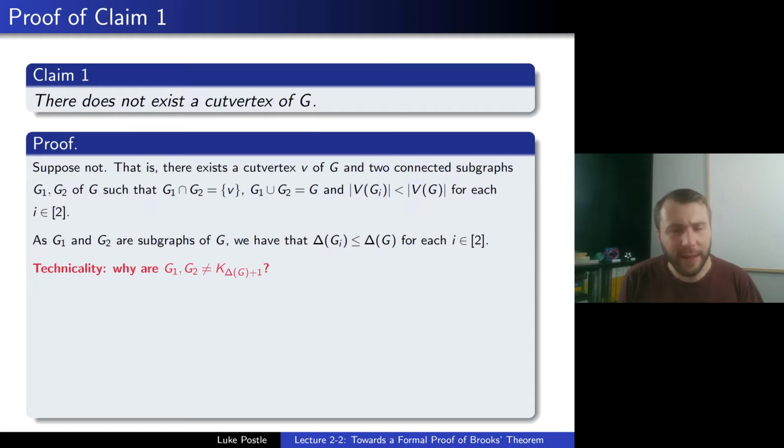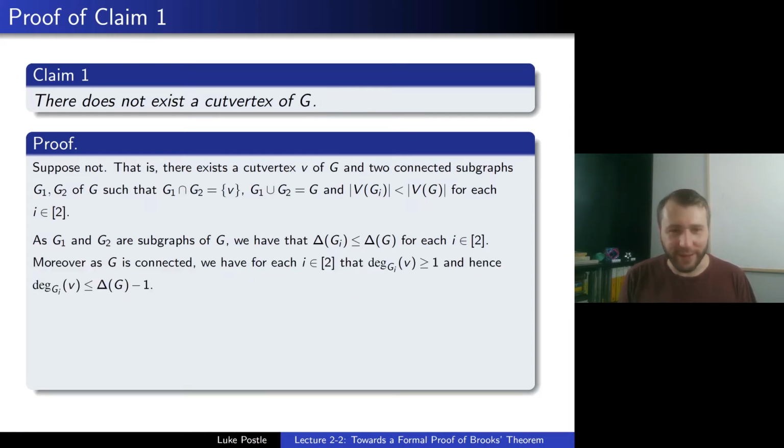And then we got to this technicality we described. Why are G1 and G2 not complete graphs? Here we don't have to worry about odd cycles anymore because we're dealing with delta greater than or equal to 3, but we have to worry about them being complete. So why are they not complete? Well, here's the answer. Moreover, as G is connected, we have for each i in {1, 2} that the degree of v in Gi is at least 1.